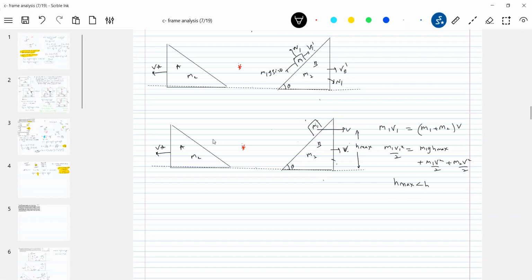After this, again, what will happen? So what conditions will arise? This will continue to move. The block will be moving here with a velocity, and the wedge, this will be the final thing. What happened to the velocity of the center of mass?